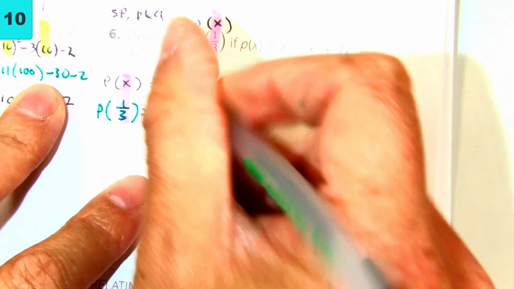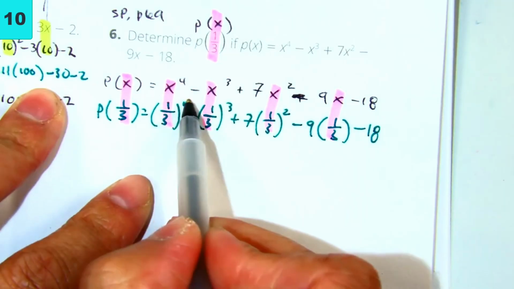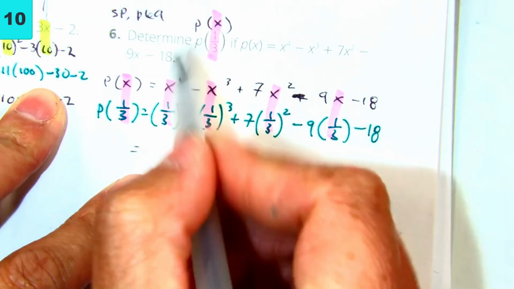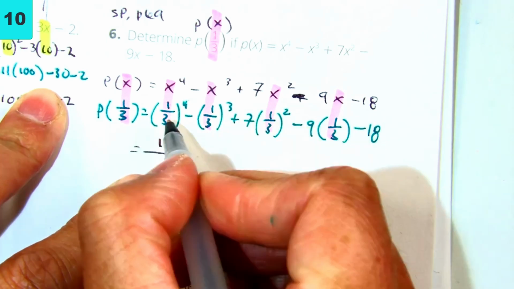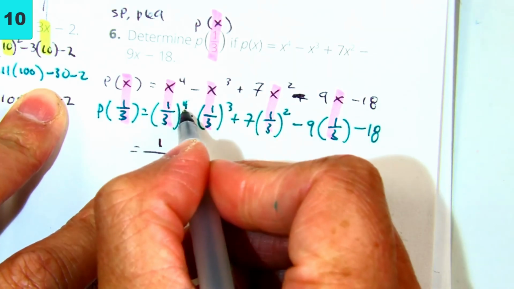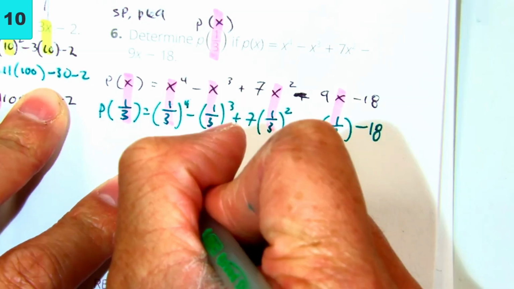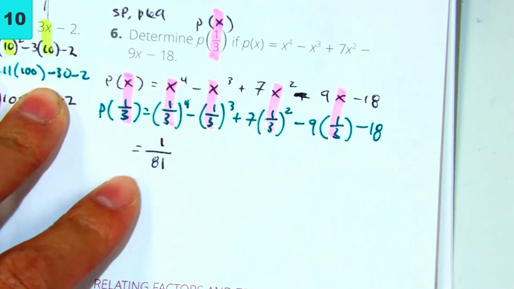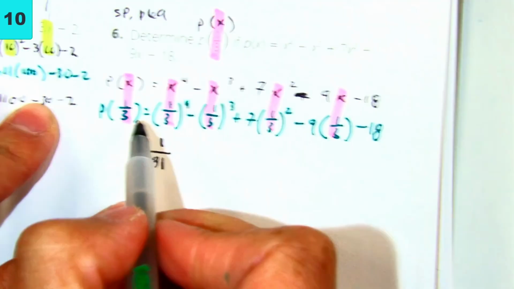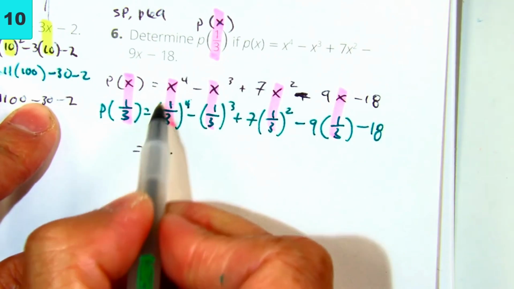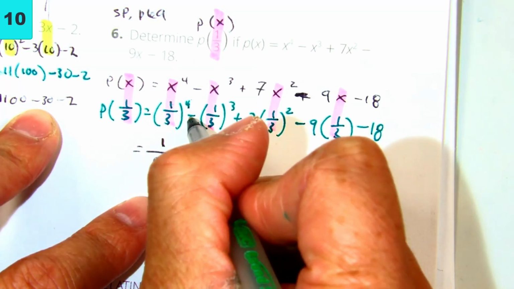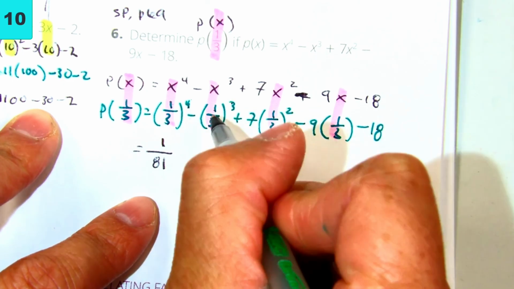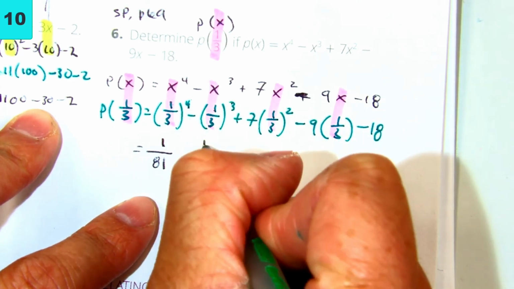And really what this means is 1 to the 4th power, so that's 1 times 1 times 1 times 1, which is just 1. And this one's going to be 3 to the 4th power, which is 81. Or you can think of it as 1/3 times 1/3 times 1/3 times 1/3. Same thing over here. This is 1 to the 3rd power, so 1 times 1 times 1, which is 1.